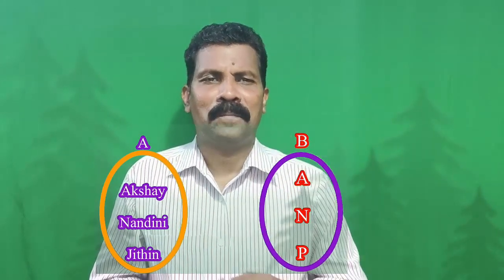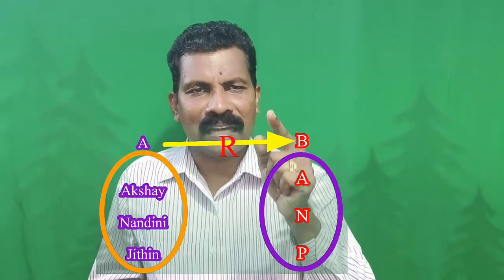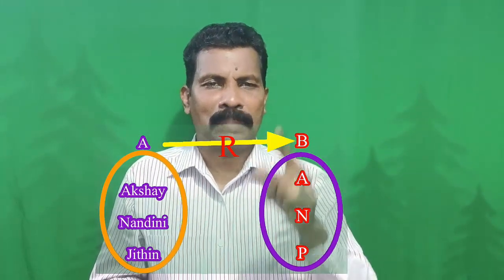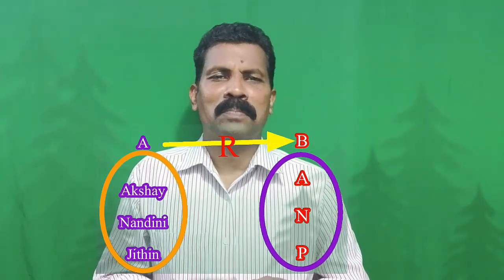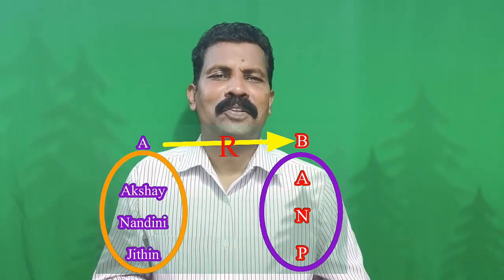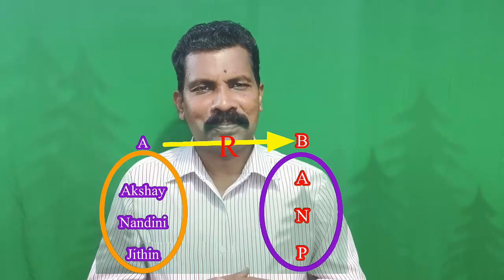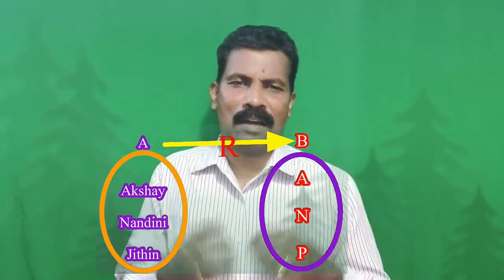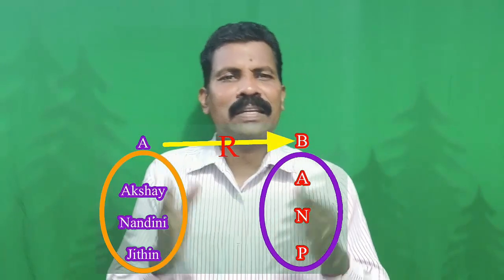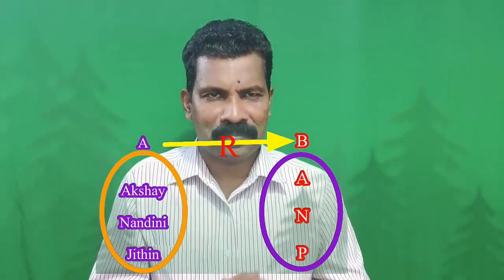And even then, there is a relation capital R from this capital A to capital B. Do you know the reason? Because here what is capital R? Here in capital R, no ordered pair.